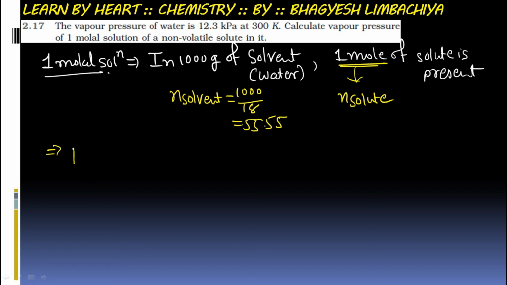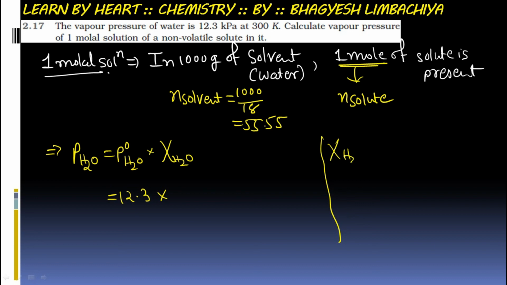So according to Raoult's law, the formula is PH2O equals P0H2O into mole fraction of H2O. P0H2O is given to you as 12.3 kilopascal, and the mole fraction of water can be calculated.